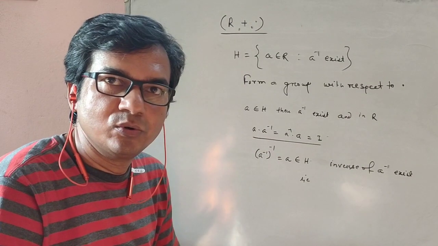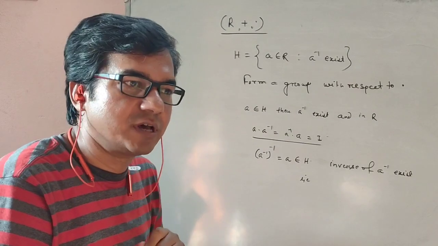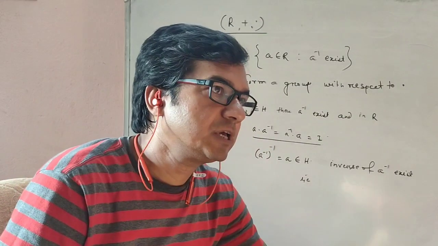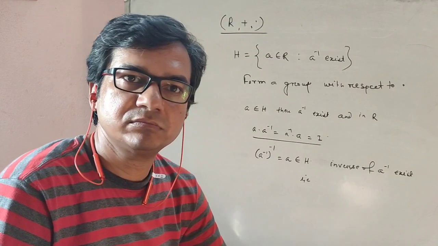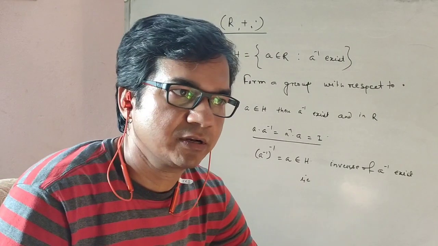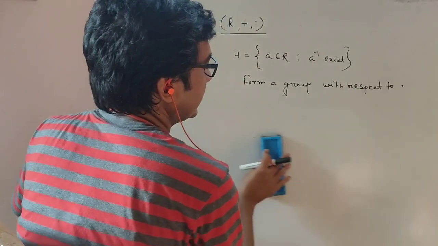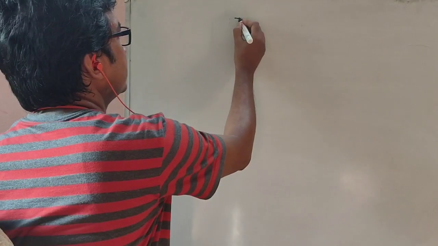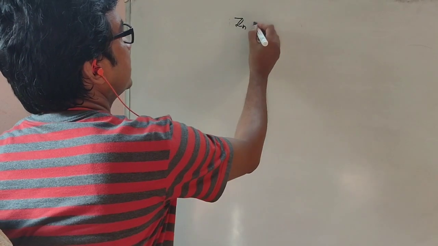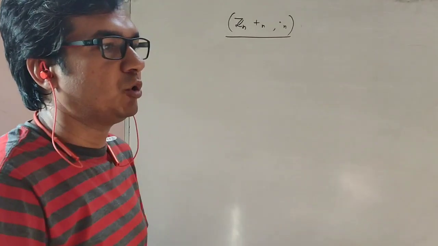Now we discuss a most important example of this chapter, which is the ring Zn, plus n, dot n, modulo n.